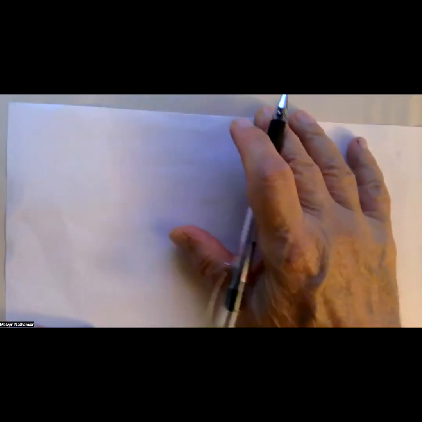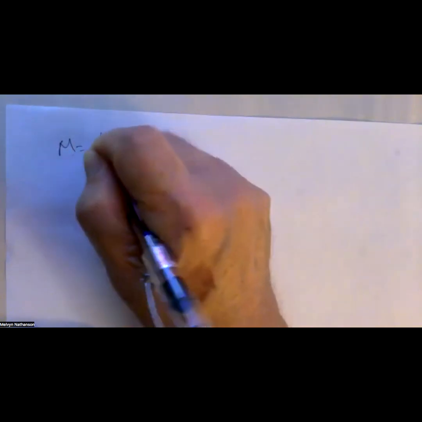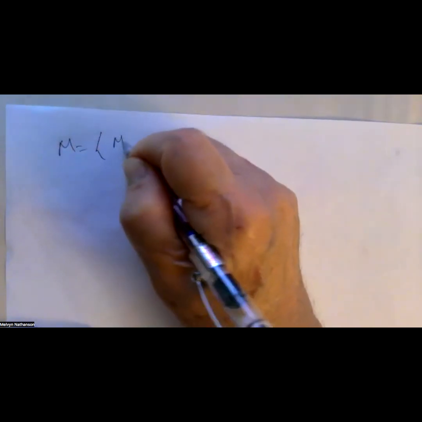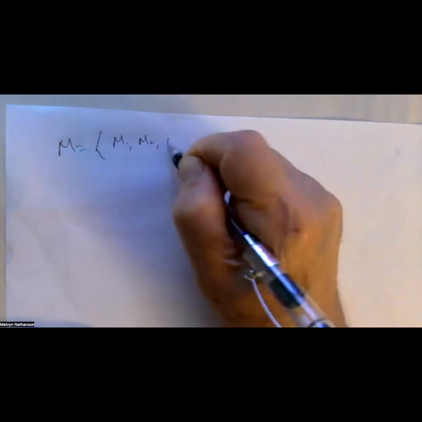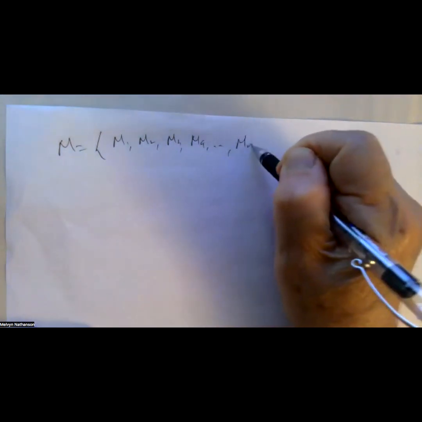Now, let's think about how hard it might be to encrypt or decrypt this kind of system. So suppose we have a set M, which consists of little n different numbers, M1, M2, M3, M4, up to M sub n.